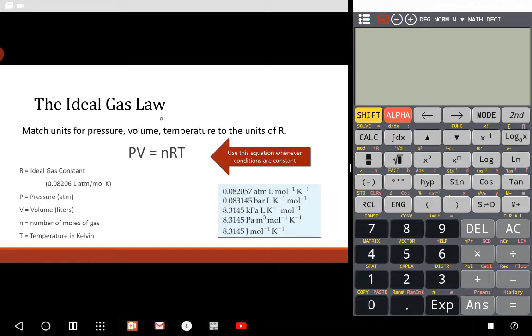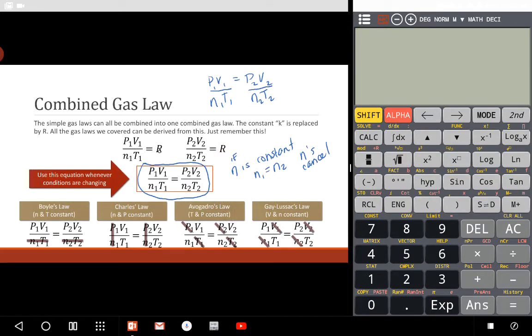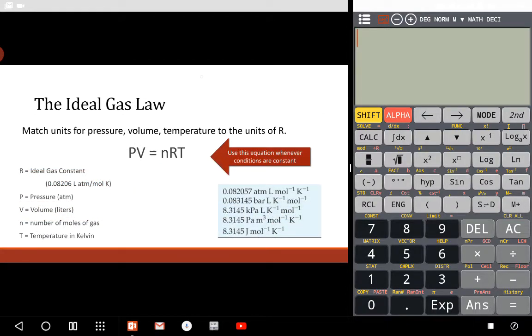Using that equation from the previous slide, you can see here that we isolate it all onto one side of the equation, and then we set this equal to R. R is known as the ideal gas constant. And so rather than solving for pressure, volume, moles of gas and temperature at one time point and then changing variables and solving for it at a different time point, we can just say what is it at one time point.